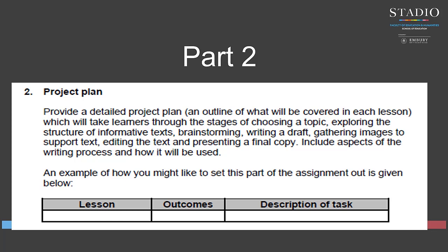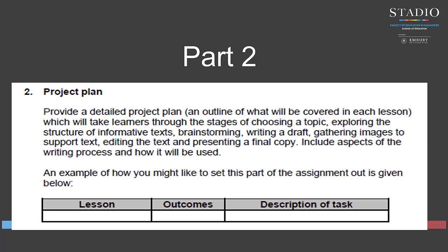Then I'm going to have to look at things like carrying out research, maybe gathering images. The next lesson could be on drafting and editing. So you're going to have to decide which lesson topics you want to include in your lesson series. And remember, it's completely up to you. However, you need to make sure that you have the writing process in there.